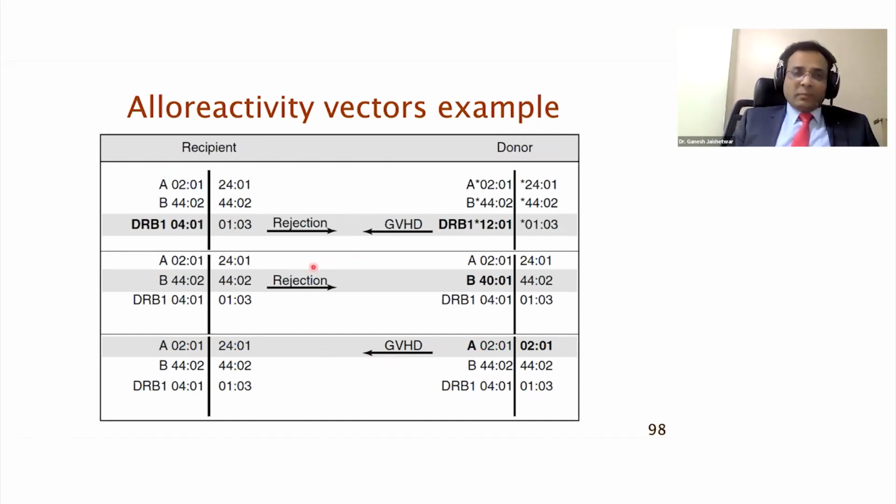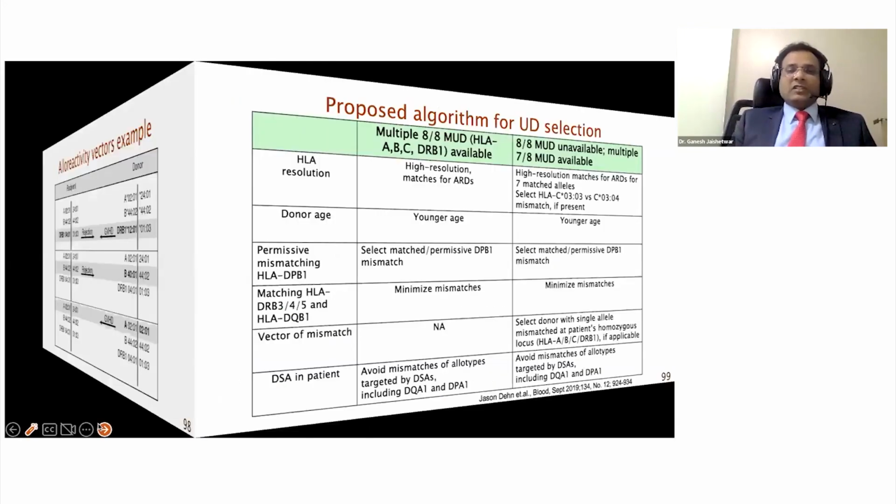Whereas if the recipient or the patient is homozygous at the HLA mismatch locus of the donor, the reaction is inclined towards more rejection. Whereas if there is complete heterozygosity in both loci, both rejection as well as GVHD risk is heightened.